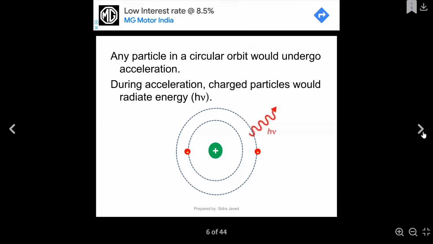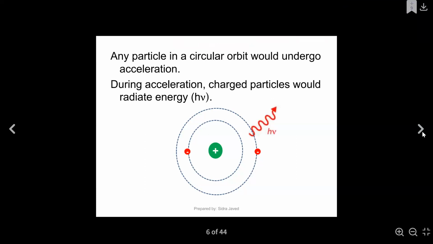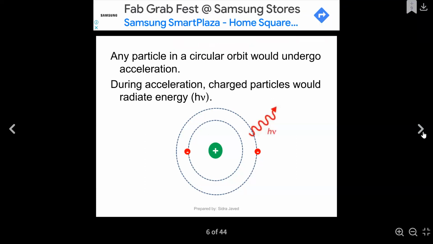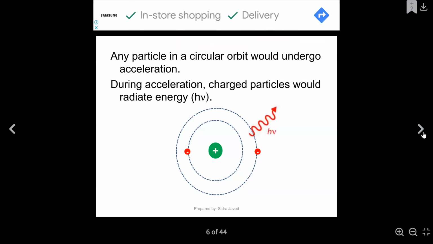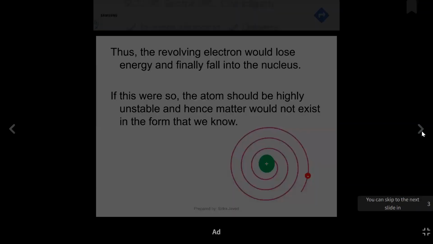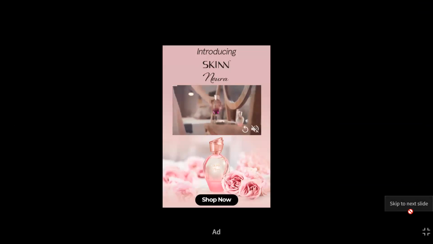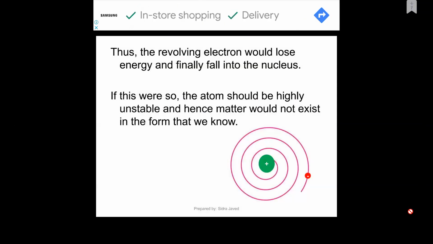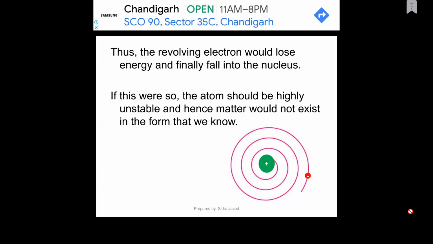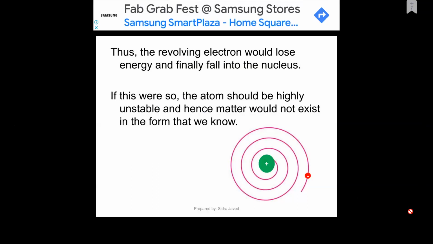Any particle in circular motion will undergo acceleration, and during acceleration, a charged particle will lose energy. And as the charged particle loses energy, the atom should be highly unstable, because slowly the electron will fall into the nucleus. Is it clear? Yes, sir.